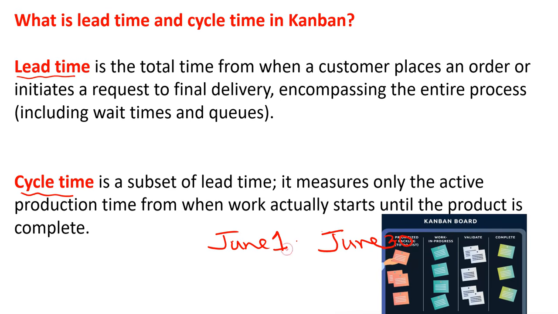So 30 minus 1, which is 29 days, because this is the handover. On 30th, we will hand over. So this is called the lead time. Lead time means request time.